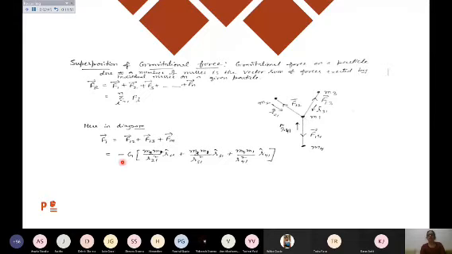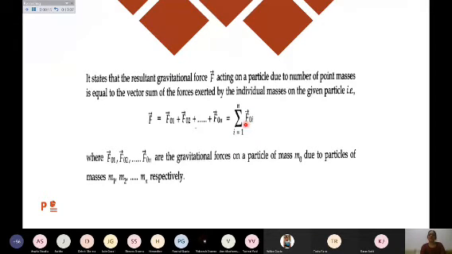So that is why the negative sign. I know that the force between any two masses is not affected by the presence of the other masses. So I can write it as summation, i varying from 1 to n, of F1i. It means I have to simply add the vectors.